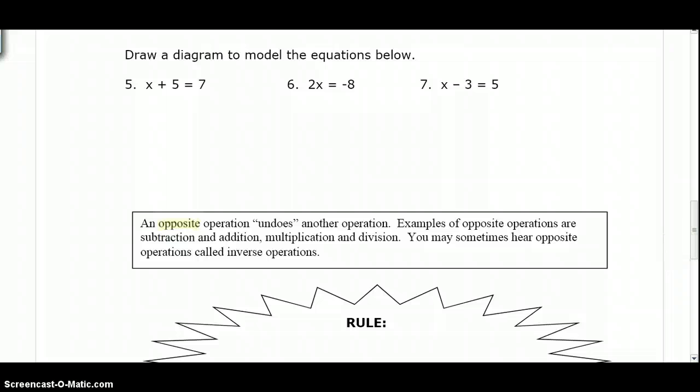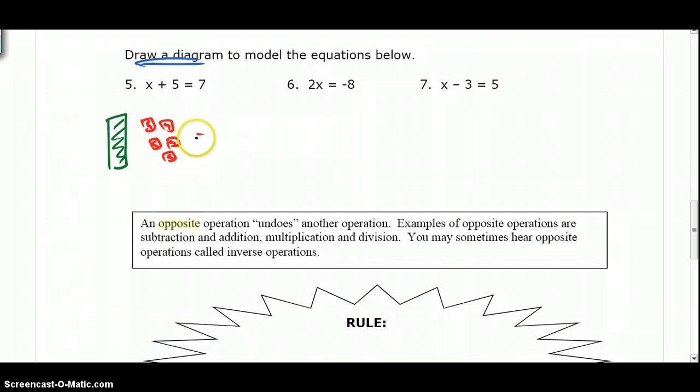We're going to move on. Now we're going to draw diagrams, so going the other way. Let me get out some green for our x's. Here's our x plus 5. The book is going to do positive 5 like this with reds.